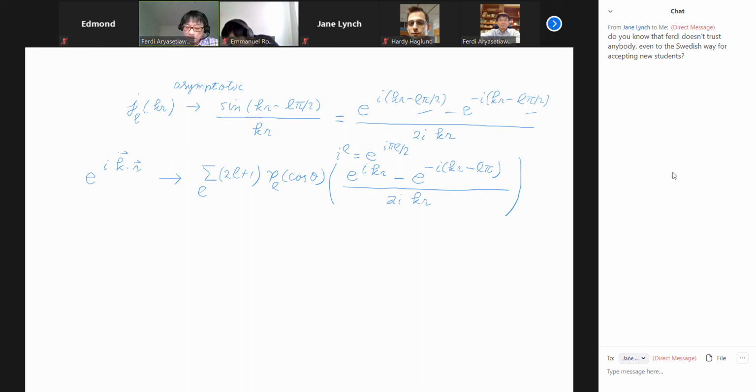So I have multiplied in the i to the L. That's why I don't have this phase here. And that one becomes L pi because of this i to the L equal to exponential i pi L divided by 2.